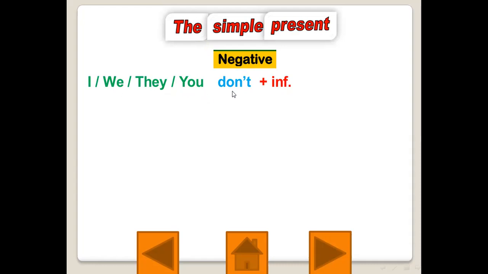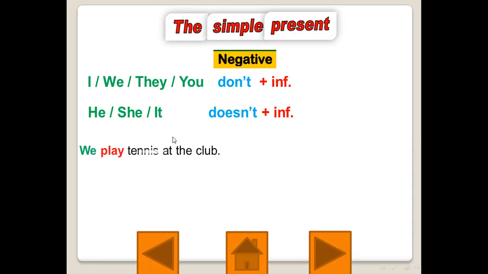We add don't plus infinitive. But what about doesn't? We use doesn't plus infinitive if the subject pronoun is he, she, or it.